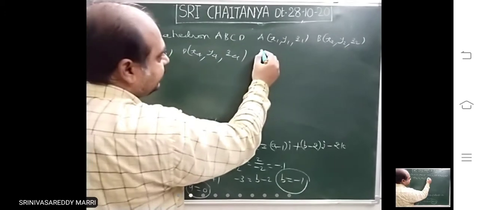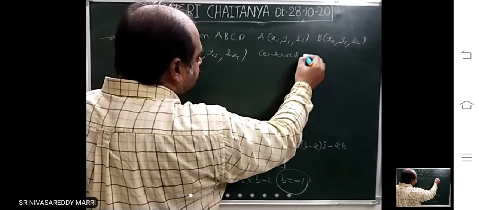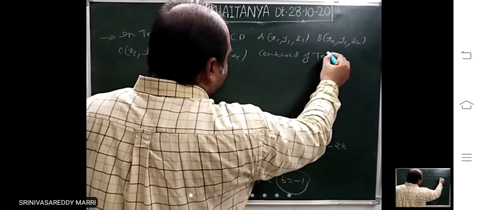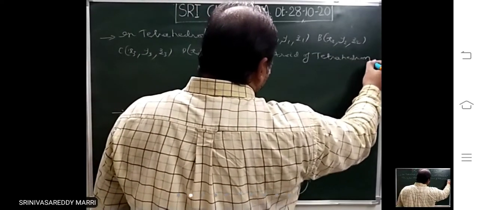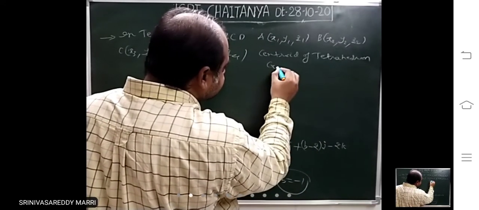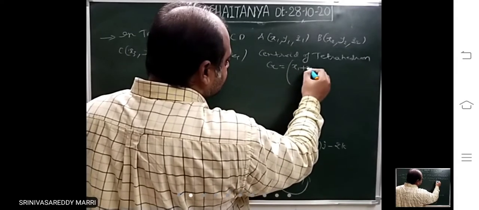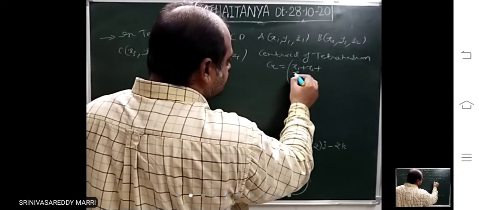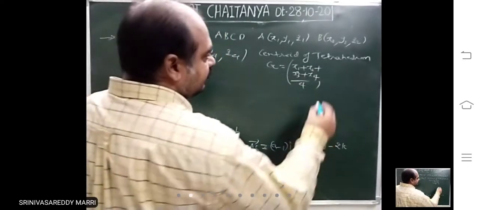Centroid of tetrahedron is denoted by G. This is nothing but all the sums divided by 4.